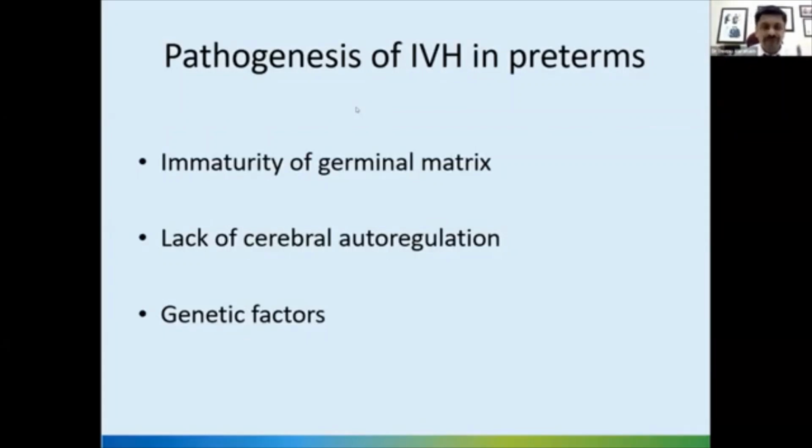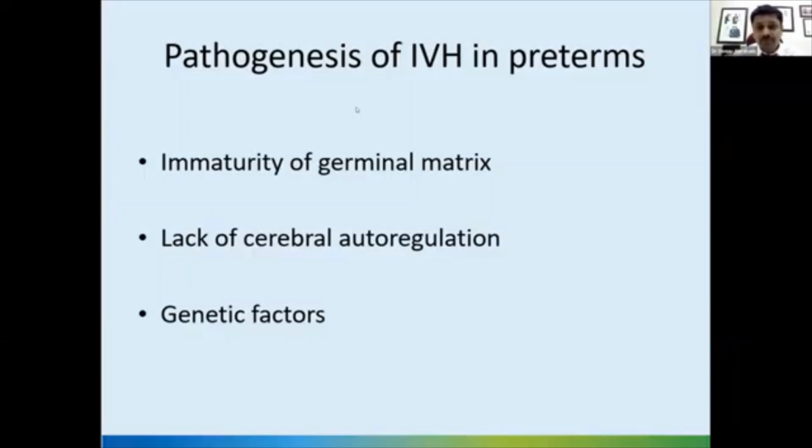So it is a very freely floating area, which is supposed to involute around 28 weeks of gestation, and by term it should disappear completely. Because it is very vascular with thin-walled capillaries, it is a ticking time bomb. Any small stimulus can cause it to explode, resulting in an IVH.